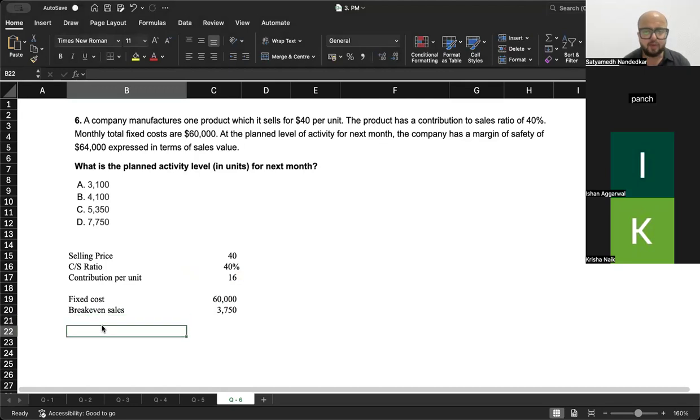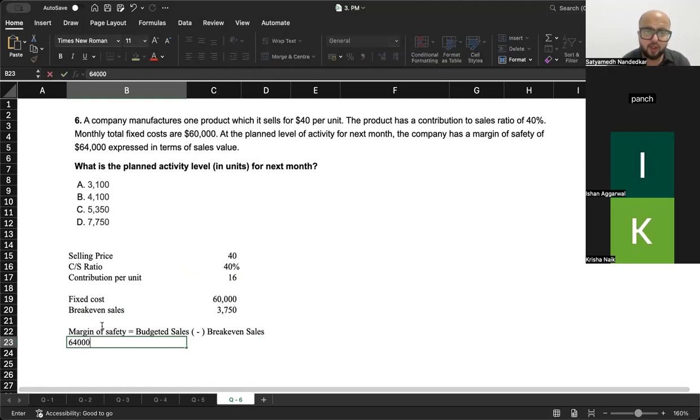Okay. Now, margin of safety 64,000. Margin of safety is budgeted sales minus break even sales, right? So 64,000 is in dollars.